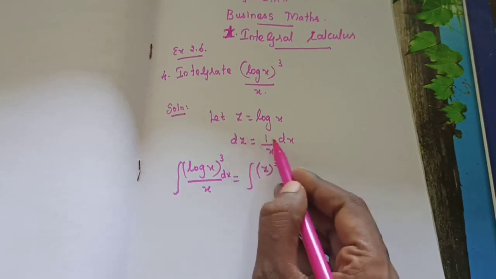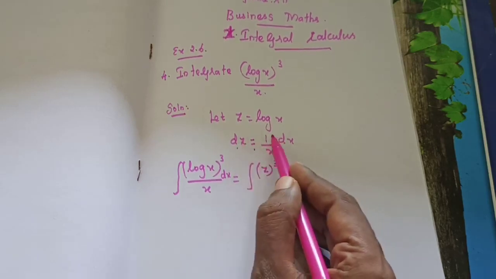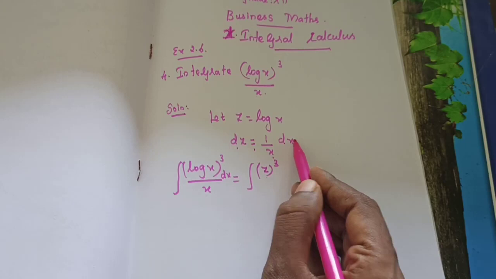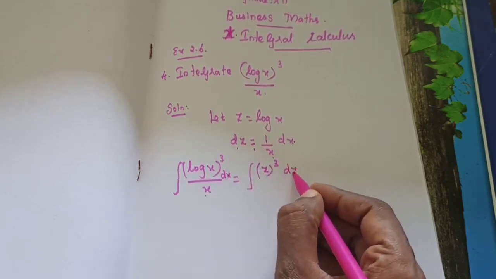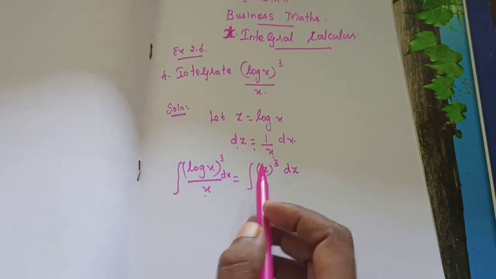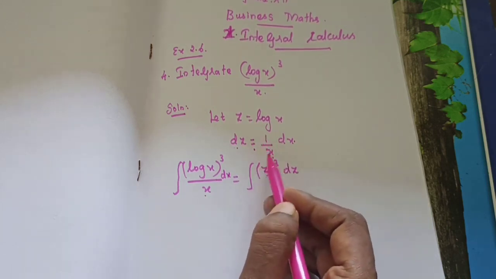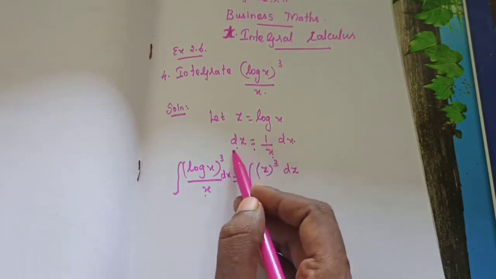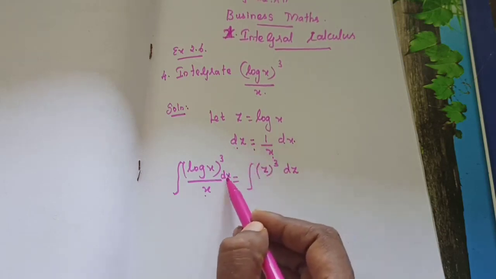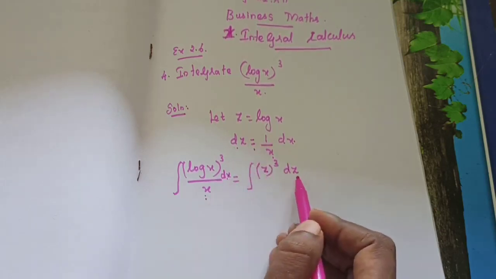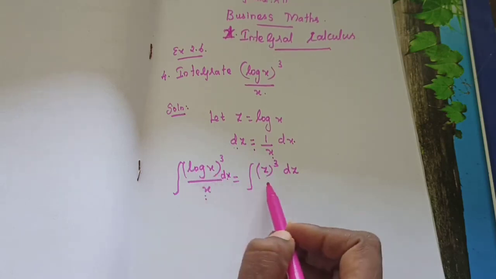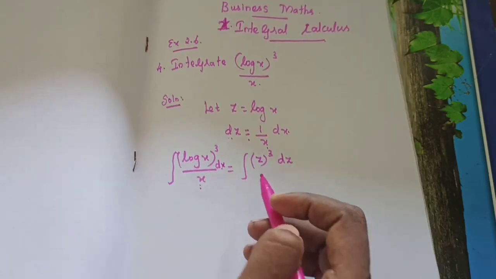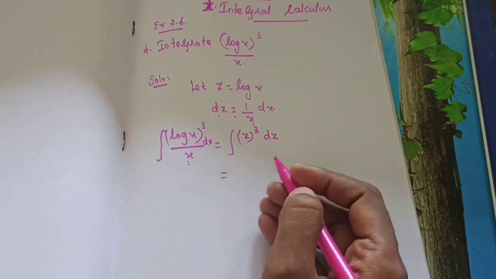Here dz is equal to 1 by x dx, so in place of dx by x we substitute dz. In place of log x we substituted z. Now you can integrate.